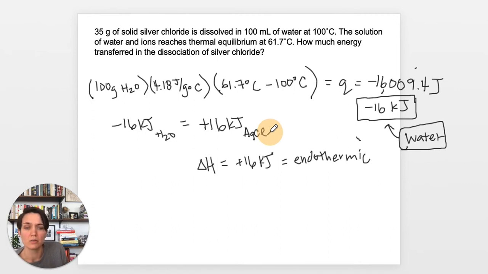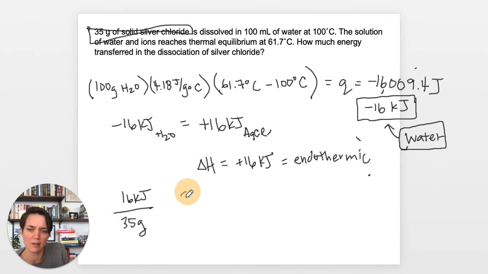Okay, so that's a cool statement, but it's very specific to the fact that we had 35 grams of silver chloride. Ugh, that was ugly. If we wanted to make this a more generalized statement, instead of saying 16 kilojoules in 35 grams, it would be great to say how many kilojoules in 1 mole.